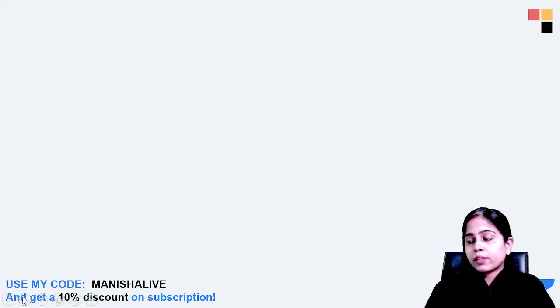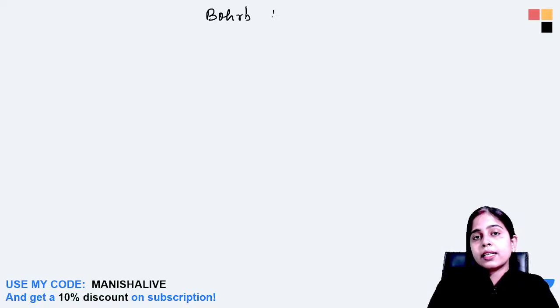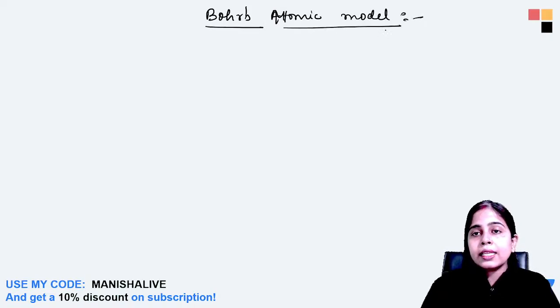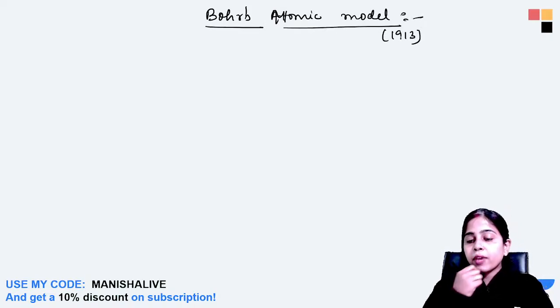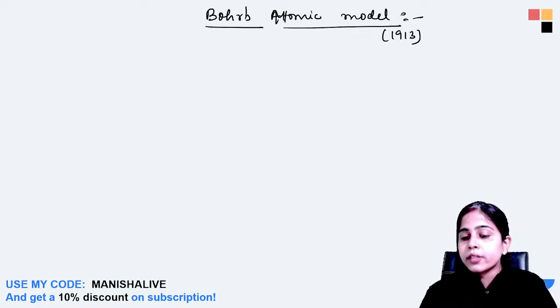So after Rutherford's model was discarded, we study Bohr's model of atom, or Bohr's atomic model, where he explained the causes for the stability of the atom. Now we will start the main postulates of Bohr's atomic model.